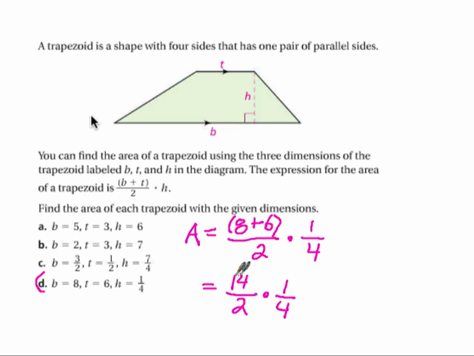So for instance, this 14 is divisible by 2, and that just becomes 7. I could have also cross-reduced here, but I'm just going to change this into 7 times 1 over 4. Then I just need to multiply across. I'm going to put the 7 over 1. 7 times 1 is 7. 1 times 4. And there we go. The answer is 7/4.